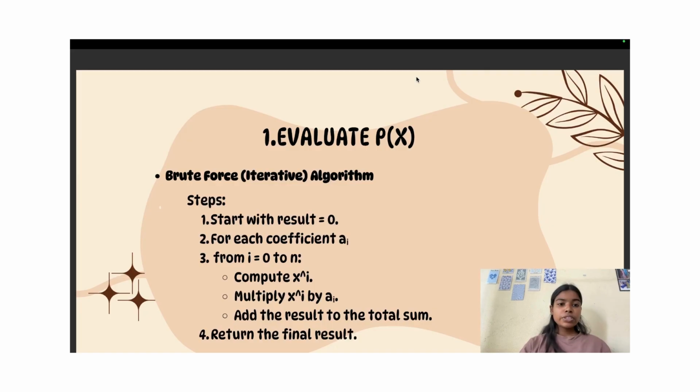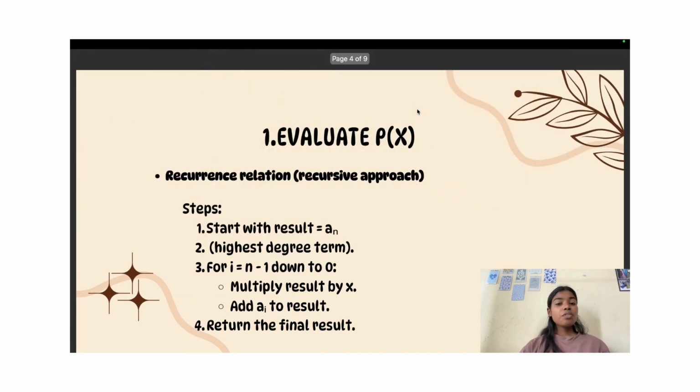In simple words, start with result equals 0. For each term, calculate x to the power i, multiply with a_i and add to the result, and repeat for all the terms.